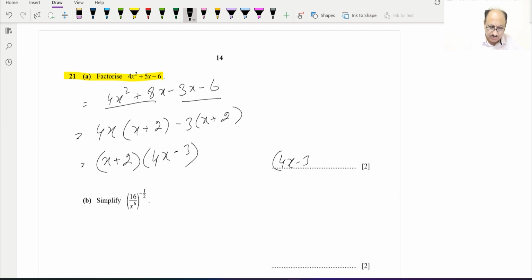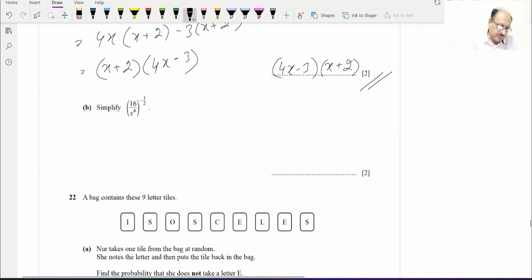You will have to practice this properly, and this will be the final answer for 2 marks. Then the simplification part B, and this part is basically a hint for us, so we can write 16 as 4 squared. So 4 squared, and separately (minus 1 by 2 over x raised to 6) whole raised to minus 1 by 2.